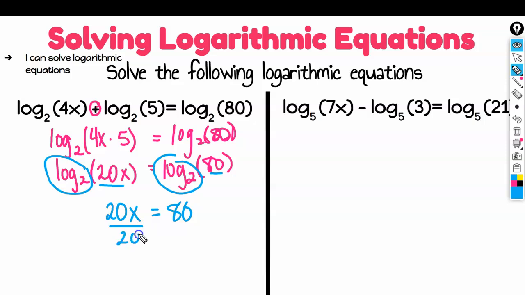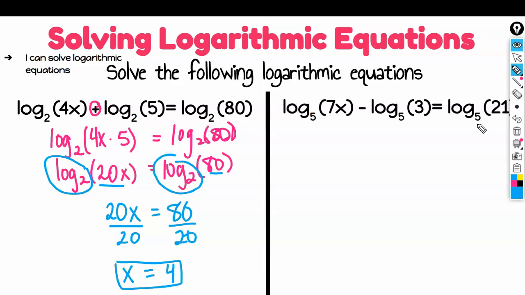Let me divide both sides by 20 since it's 20 times x. And that will give me x equals 4. And that's it. So in this first type of scenario for solving logarithmic equations, I use log properties to combine. Then if I see that both sides have a log, this is how I will proceed.